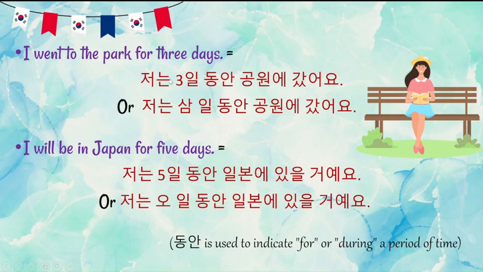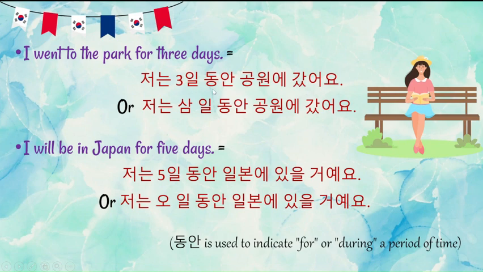You just need to remember that there are two ways to write this sentence in Korean: you can use the number or you can use the word for that number. So in Korean, it is going to be 저는 3일 동안 공원에 갔어요. Here, 동안 is a Korean word that is used to indicate for or during a period of time.